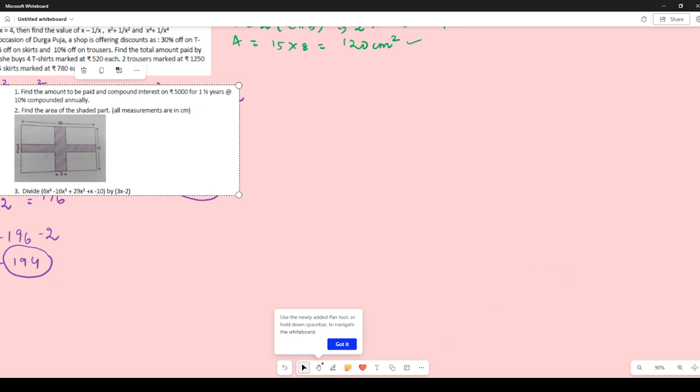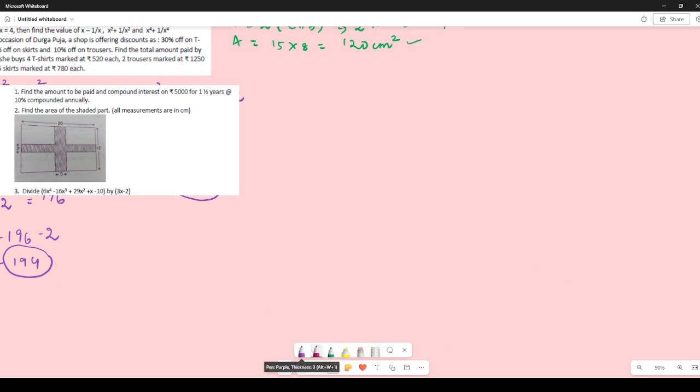Alright, so now find the amount to be paid and compound interest on rupees 5,000 for 1.5 years at 10% compounded annually. Now see, the thing here is, this is for 1.5 years, but the interest is being compounded annually.